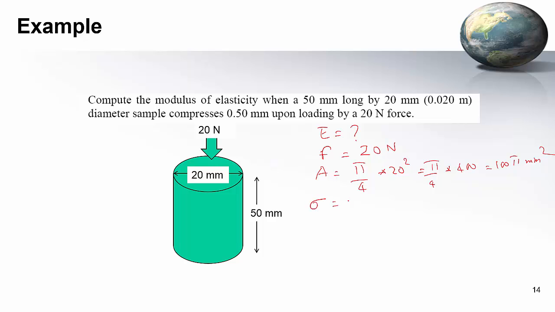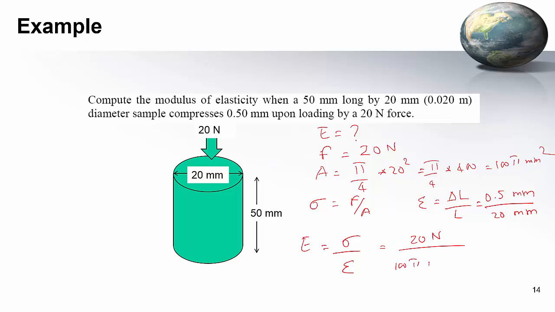So the stress is force per unit area, and the strain is delta L by L. The delta L by L is nothing but 0.5 millimeters divided by 20 millimeters, and the Young's modulus is stress over strain, which is 20 newton divided by 100 pi millimeter squared, times 0.5 millimeter by 20 millimeters.